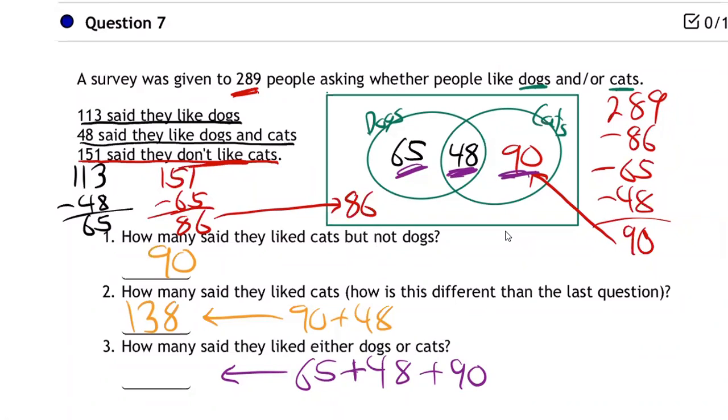They're pretty much almost impossible without the Venn diagram. It's a helpful mathematical tool that's used, like I said, in statistics and probability. There we go. 203 liked either cats or dogs. They were either in the cat circle or the dog circle. And so there we go.